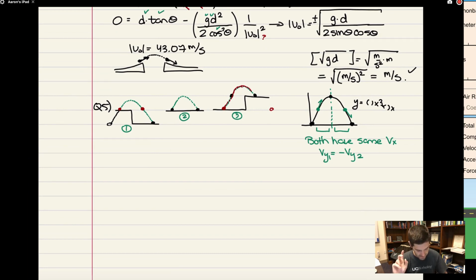But since it hasn't made it all the way to this point, we know it has not reclaimed all of its vertical velocity, and so the velocity at landing for particle 3 must be less than the velocity it was launched at. So in this case, the answer is that the speed at landing for 1 is greater than 2 is greater than 3.